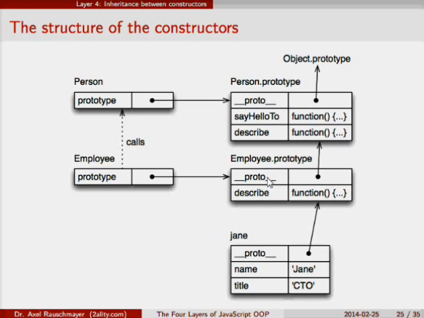The next element of the chain is employee.prototype with the method describe, the overriding method. The next member is person.prototype. This has the overridden method, and a method we inherit, say hello to. And then the prototype chain continues with object.prototype. So the inheritance actually goes further, and the object.prototype has standard methods that all objects usually automatically inherit.